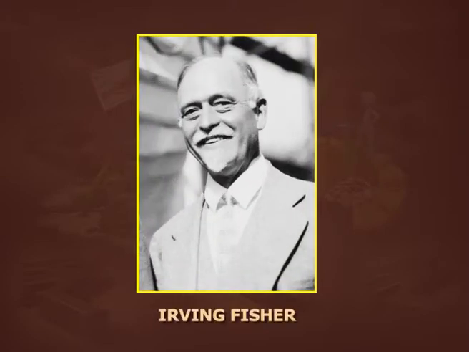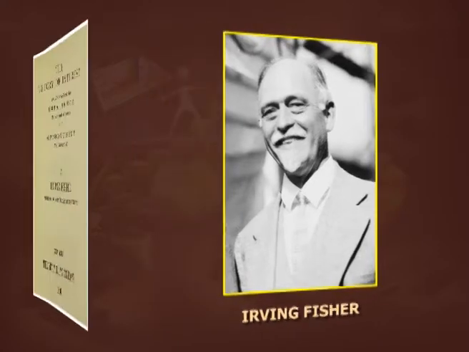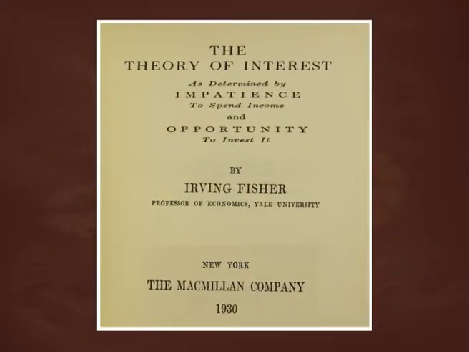Fisher's intertemporal choice model. Irving Fisher developed the theory of intertemporal choice in his book Theory of Interest in 1930. Fisher's model showed how rational forward-looking consumers choose consumption for the present and future to maximize their lifetime satisfaction.